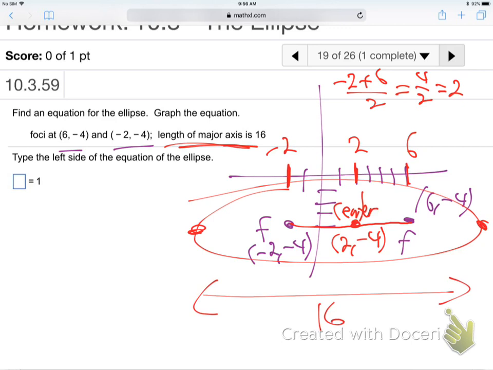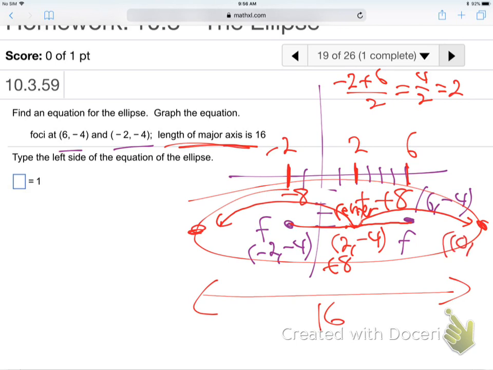So therefore, it's 8 each way from the center, isn't it? So from the center, you go right 8, and you go left, not to the focus, it's beyond the focus, right? Focus is inside. It's all the way there. So from the center, it's back 8 and right 8.